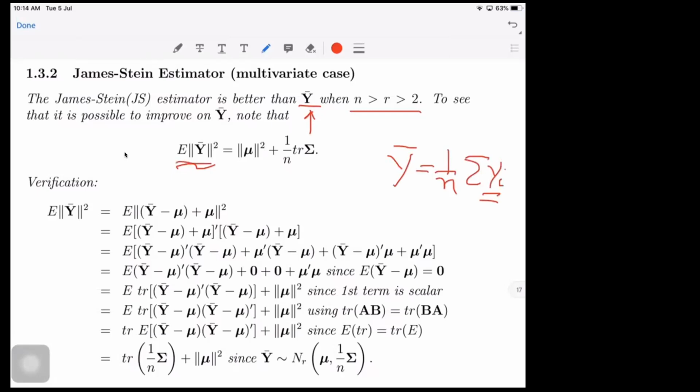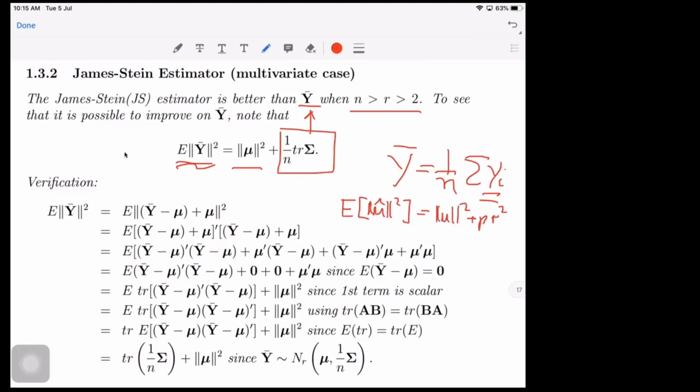And if we look at the expected squared length of Y bar, it is equal to the squared length of your true parameter mu plus some term here, which is 1/n times the trace of sigma. If you recall, in the univariate case, the expected squared length of mu hat was equal to the squared norm of mu plus p sigma squared.